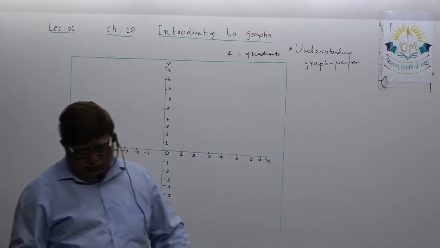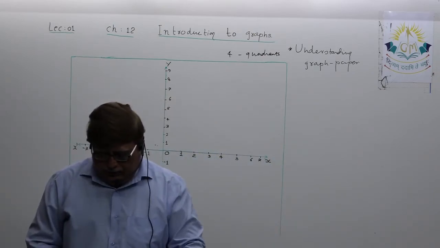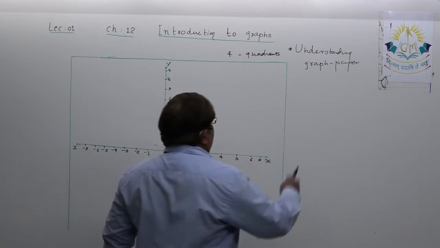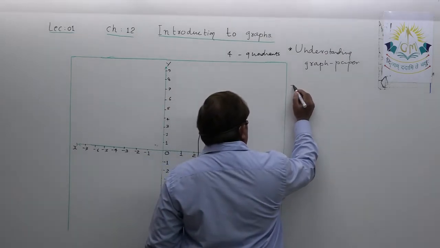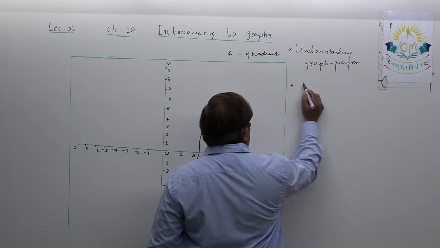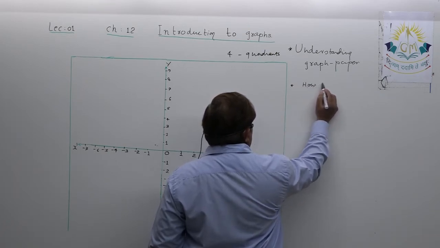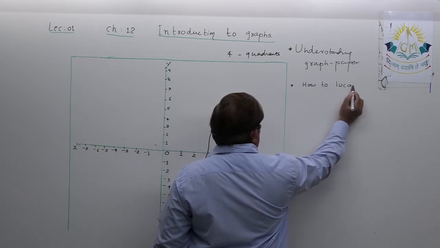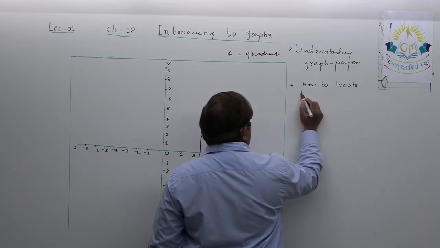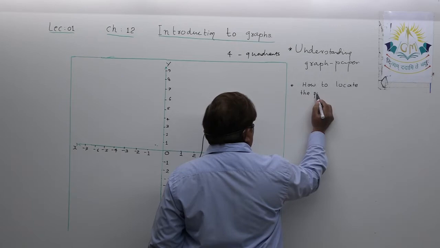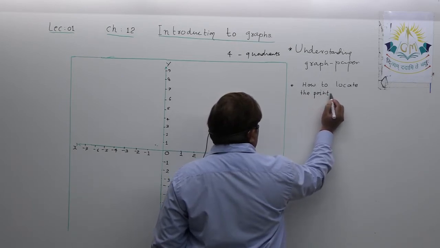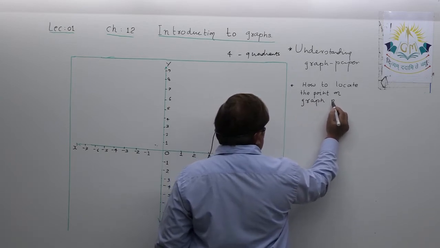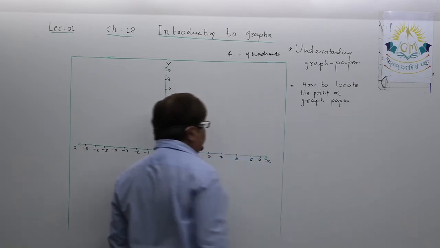And now, dear student, the very important point which we are going to discuss: understanding graph paper is over, and now, this is the main topic today, how to locate a point on graph paper. This is what we are discussing now.